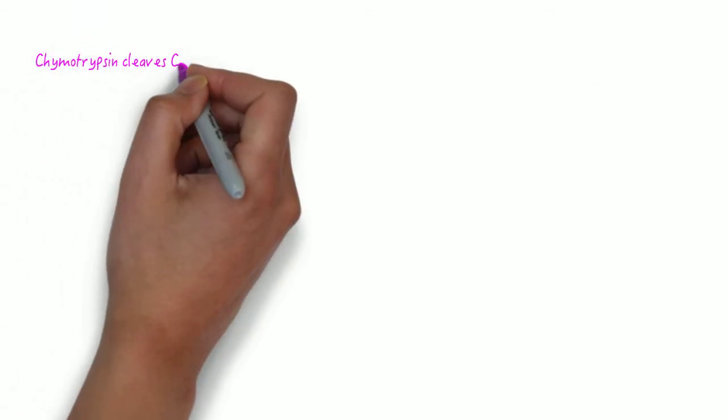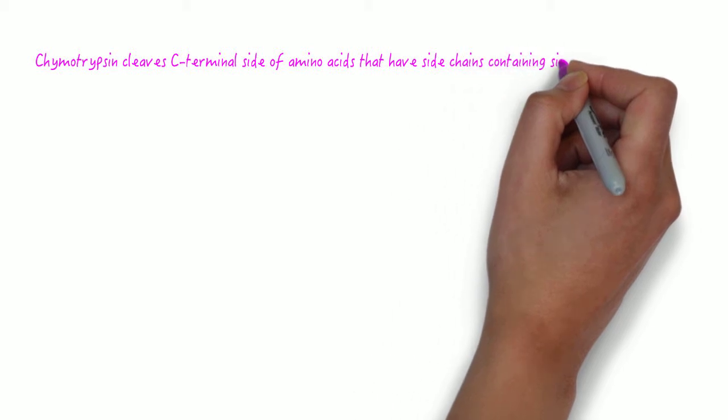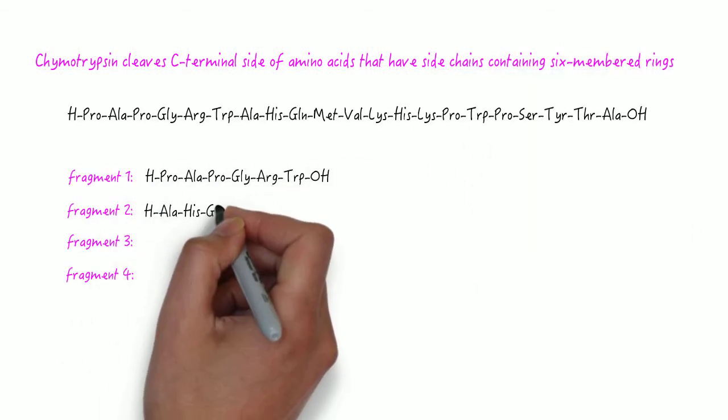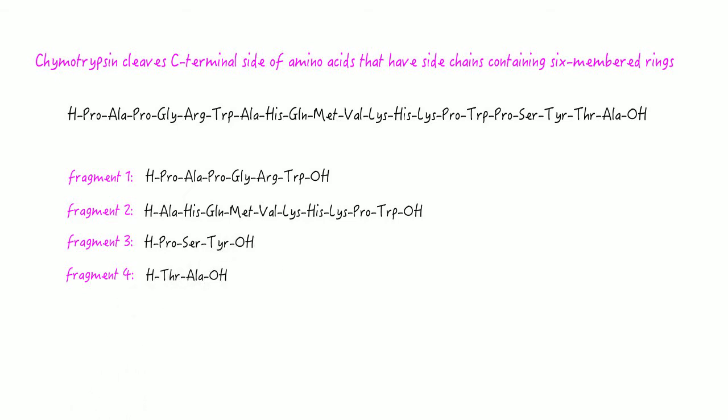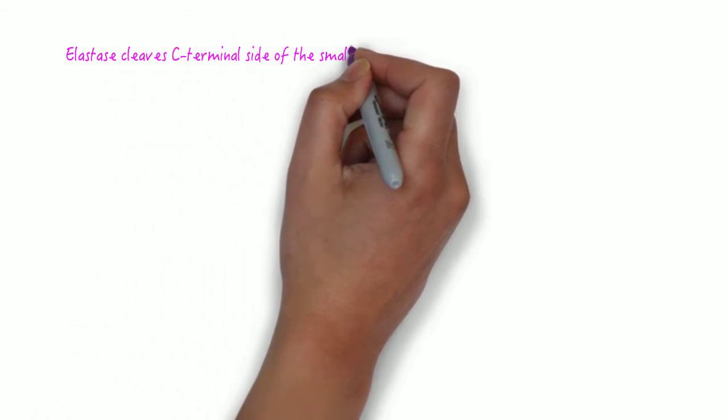Alternatively, if the peptide is treated with chymotrypsin, that cleaves only on the C-terminal sides of amino acids that have side chains containing a 6-membered ring, whereas elastase cleaves on the C-terminal sides of the smallest amino acids, gly and ala.